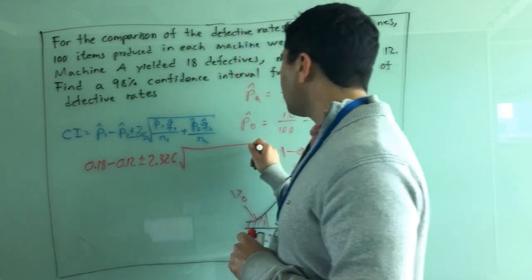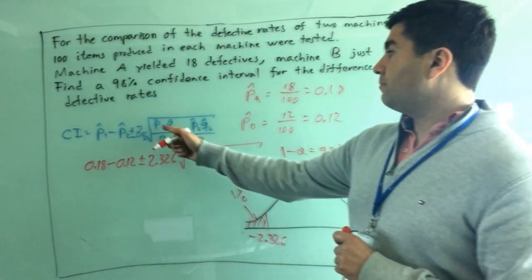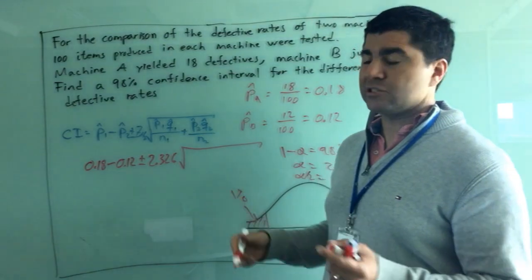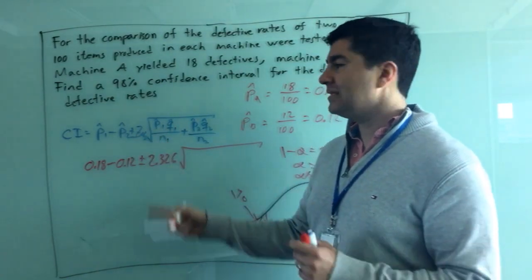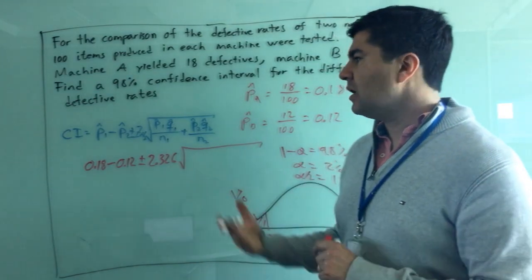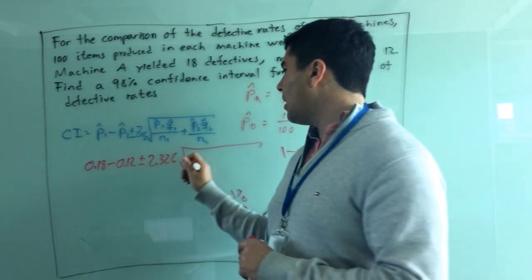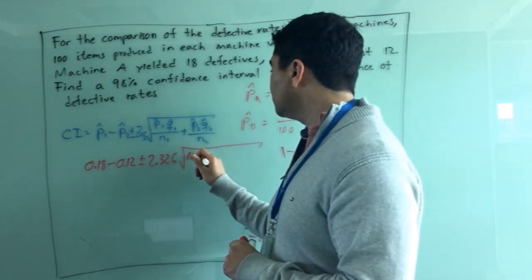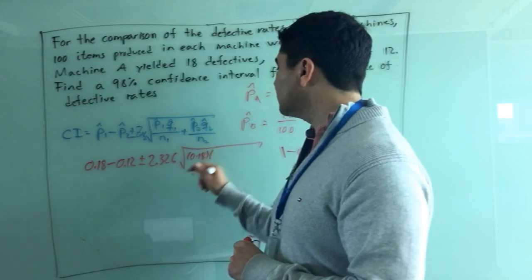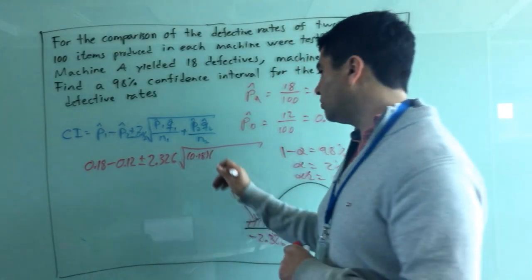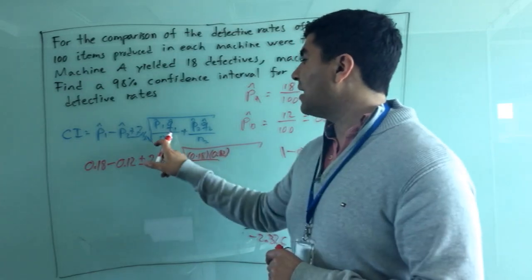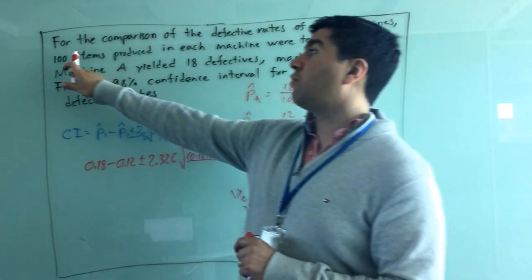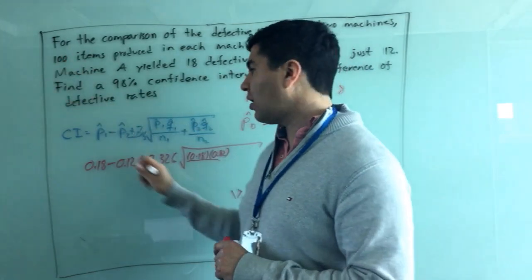And then on the square root, we just need to include P hat and Q hat. Let's remember that Q hat is the complement of P hat, that is 1 minus P. So what we're going to use is 0.18 times 0.82. Everything divided by the amount of data analyzed for that machine, 100.